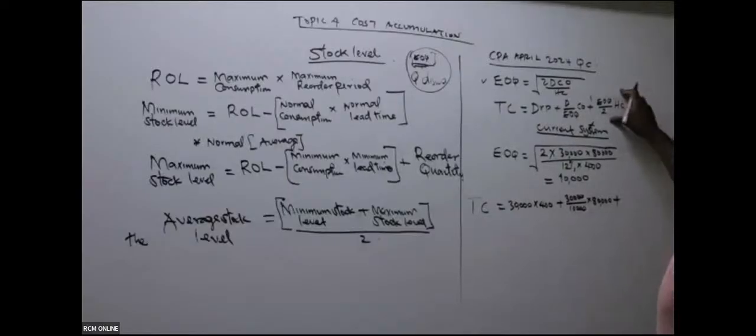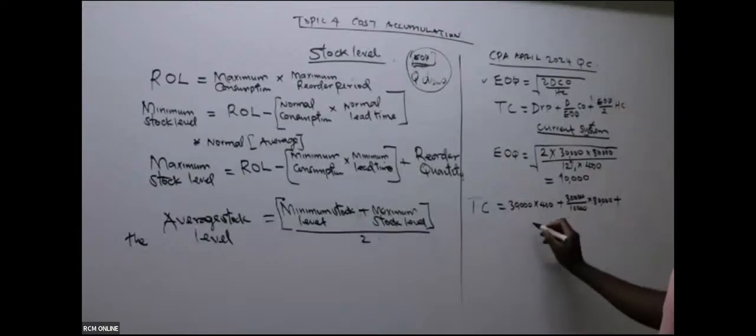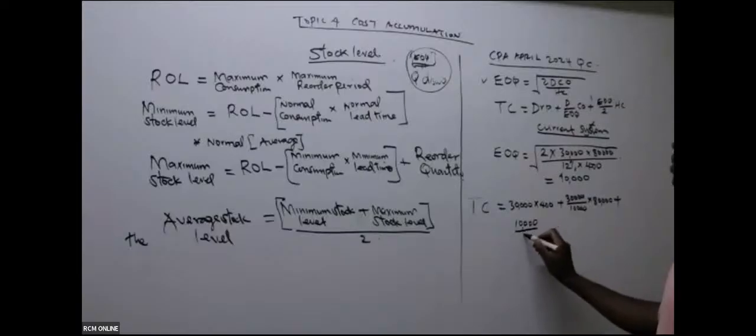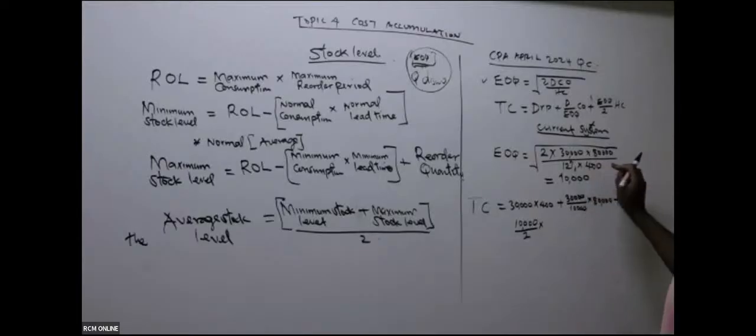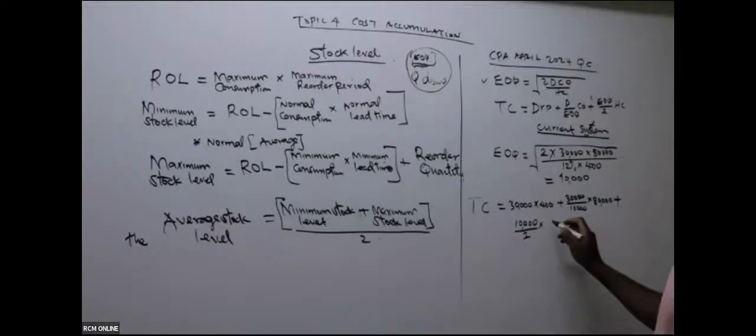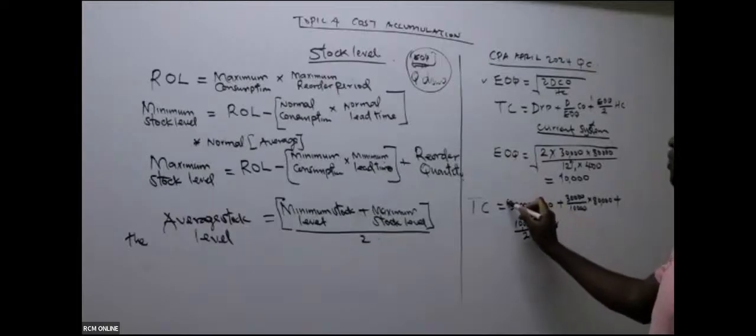Total holding cost is equal to economic order quantity, which is 10,000 units, divided by 2, then multiplied by holding cost per unit. Can you give me 12% of 400? What is 12% of 400? 48. Good.